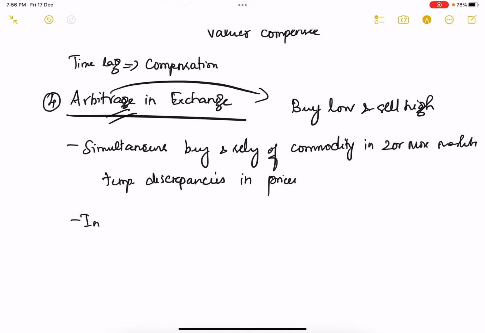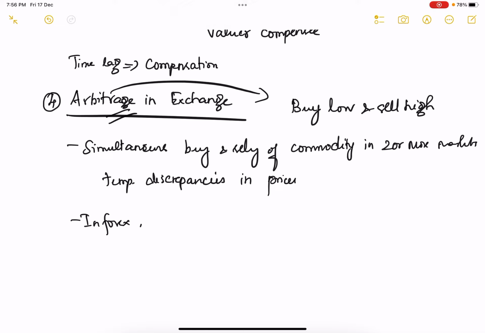So in foreign exchange, purchase of one currency for another currency in one center and the immediate resale of the same currency in another center or two or more centers is known as arbitrage in exchange.